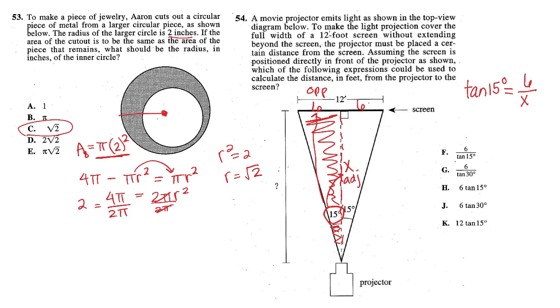And an old algebra trick, if you want to solve for x in this proportion, just swap places with x and whatever's on the other side. So I have x equals 6 over tangent of 15 degrees, and that's going to be answer choice F.